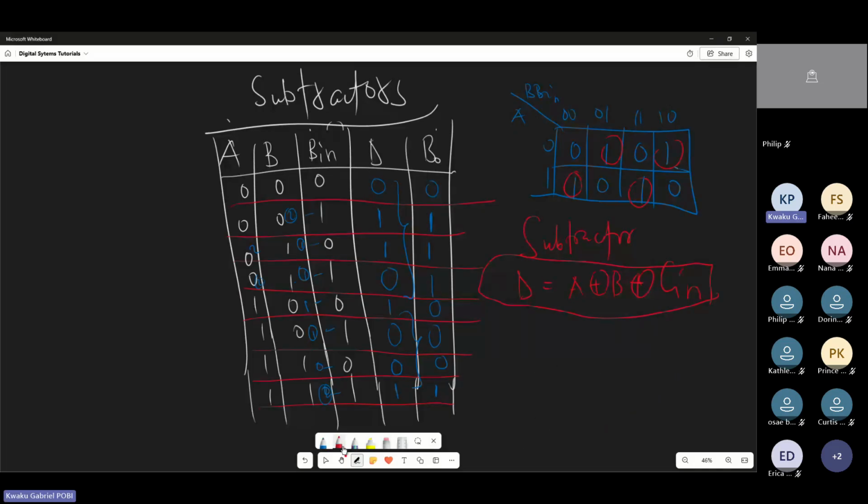So let's use the K-map, the outputs one by one. So B naught will be giving us, the first one is 0, 0, 1, giving us a 1 here. So 0, 0, 1 is A bar, B bar, B in. Or the next one is 0, 1, 0 here, giving us a 1 here.